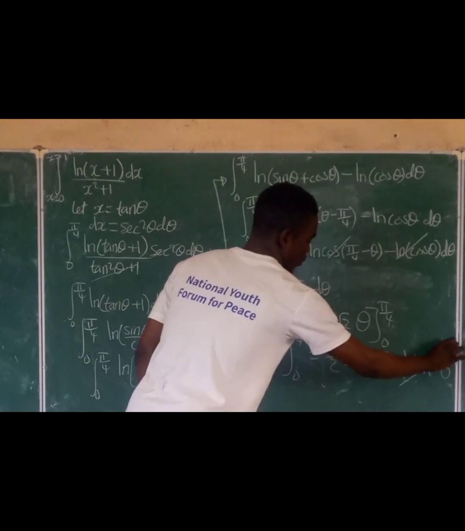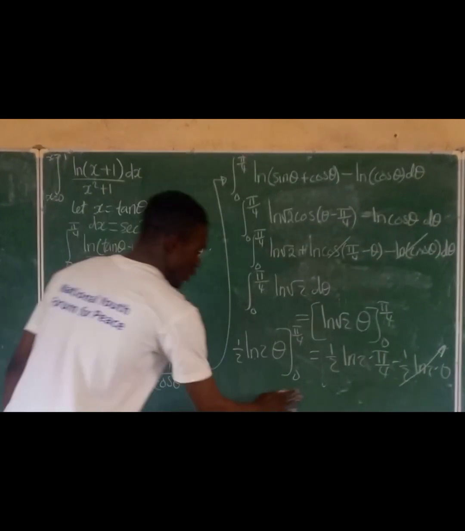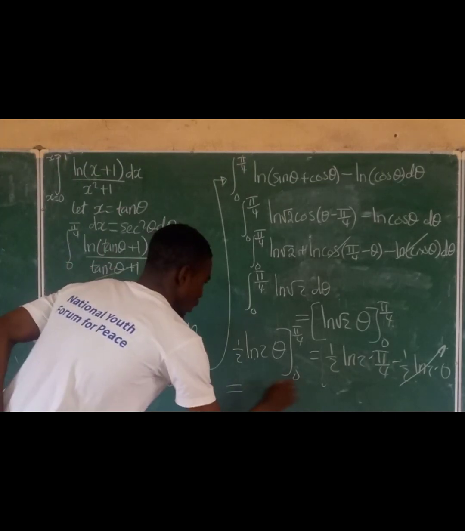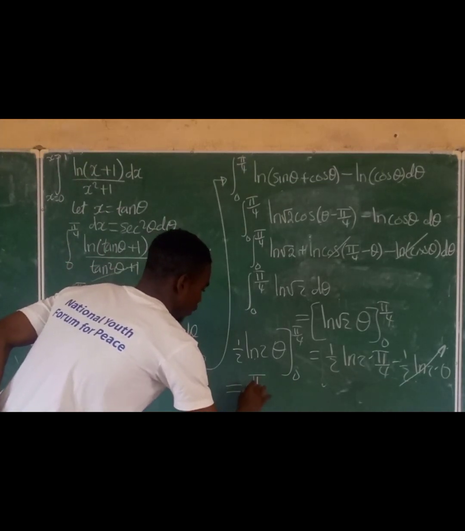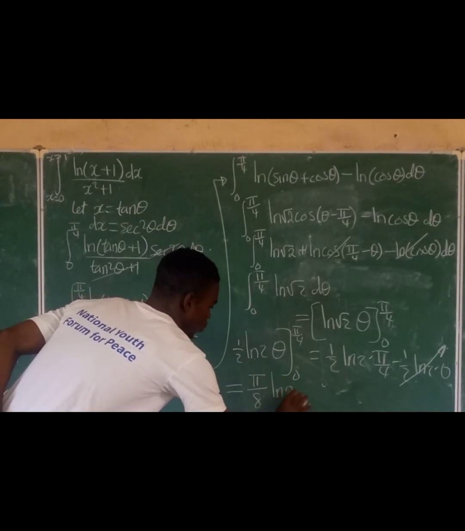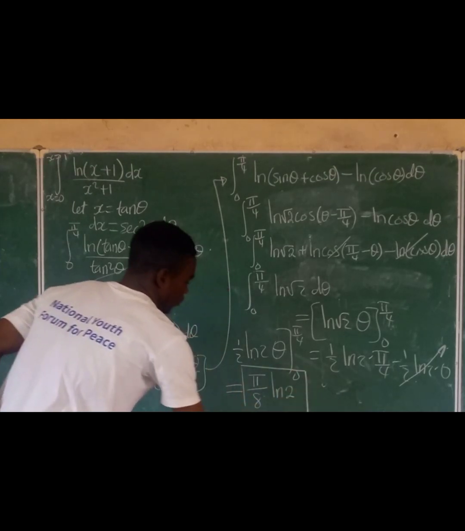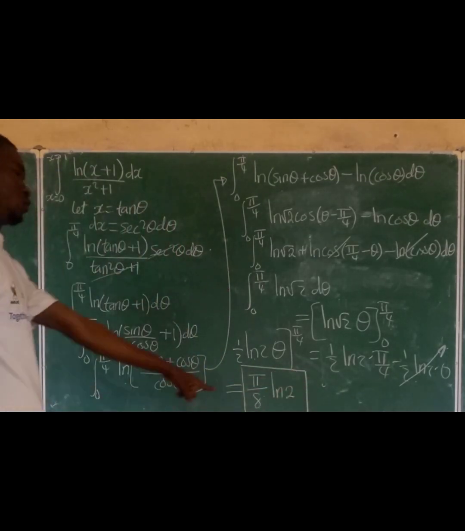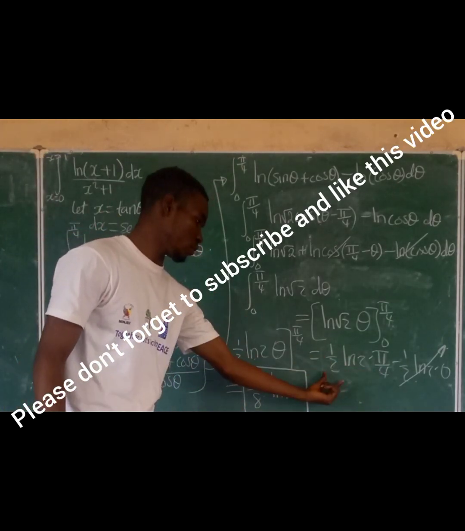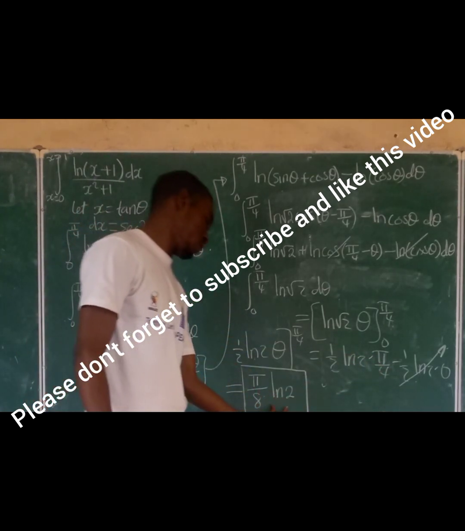This gives us 0. So in essence, this integral translates into pi over 8 times the natural log of 2. This is the value of the integral, because we have 2 times 4, which is 8, then pi over 4. So this is the value of this definite integral.